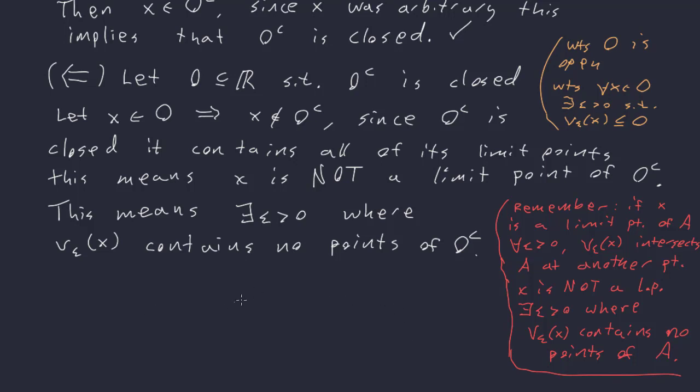Okay? In other words, the intersection of the epsilon neighborhood around x and O complement, that intersection is empty.